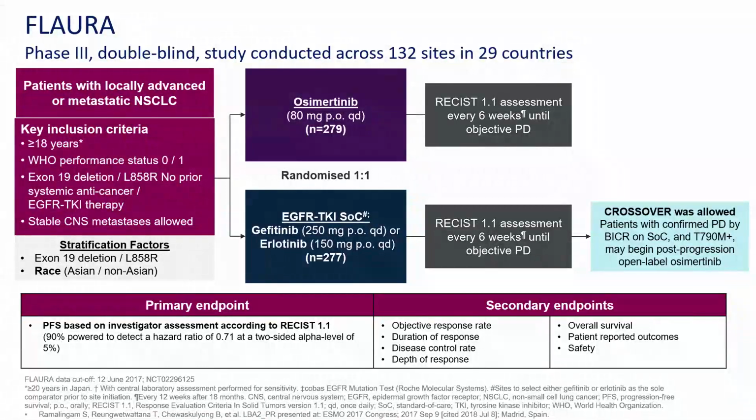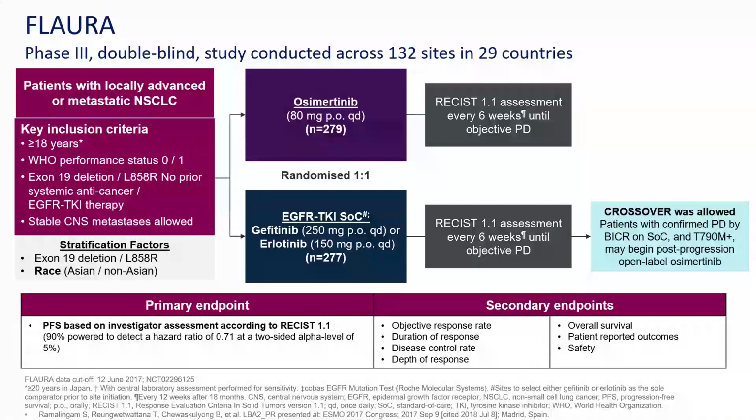As discussed before, patients had exon 19 or L858R mutations, with no prior systemic anticancer or EGFR TKI therapy. Stable CNS metastasis was allowed, including those treated previously with radiation.